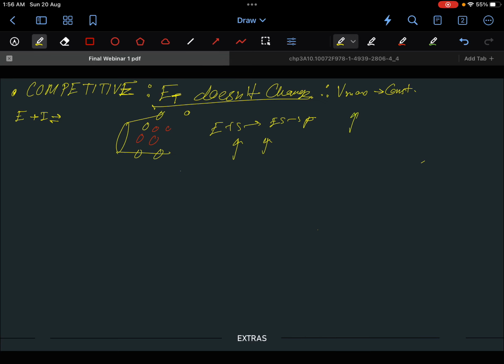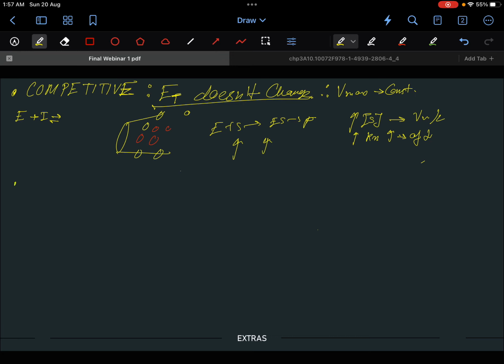If more substrate concentration is needed to reach Vmax by 2, that means one thing only, and that is Km is increasing. This is why the Km increases and we interpret it as affinity decreasing. Why is Km increasing? Because more substrate is required to reach Vmax by 2 for competitive inhibition, right?